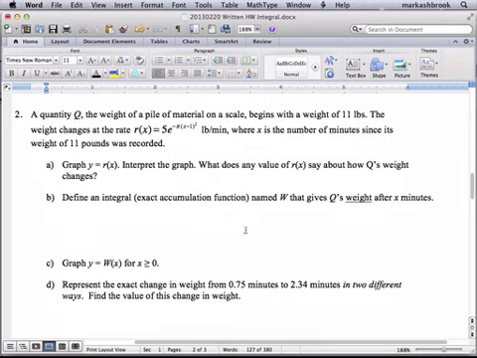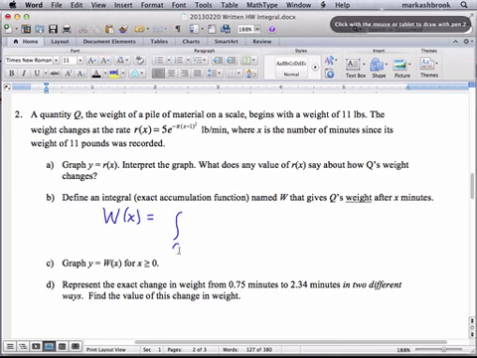So let's see, somebody new. Lauren, did you get this one? Part B, 2B? So we're going to call it W(x). Do we know what A is?